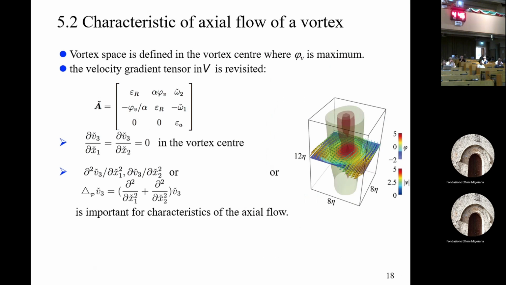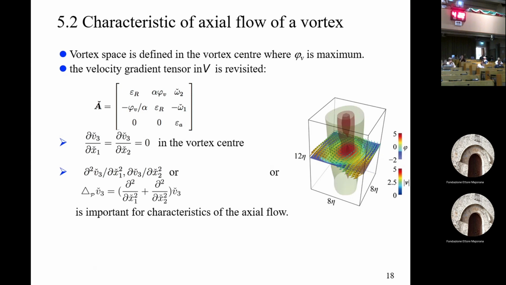We clarify this mechanism. We rewrite again the velocity gradient tensor in the vortex space. And then it shows that the derivative of the normal component, the axial flow component, with respect to the direction parallel to the swirl plane is 0.